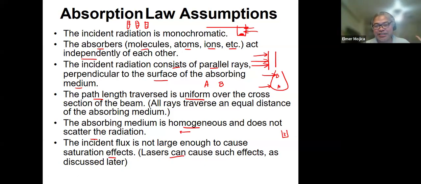So the incident flux gave too much power. So ang nangyari dun sa detector, sira. And it happened when the first time I used a laser. Yung bigla na lang ang taas ng energy and then all of a sudden zero. And then the next reading that we get is all zero.